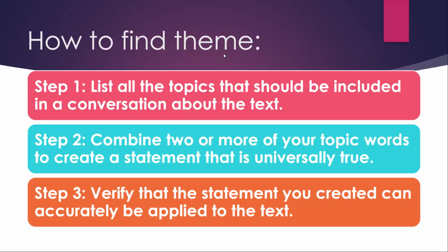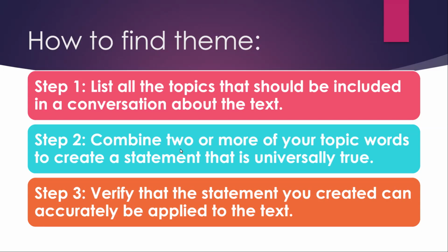So when I teach theme, even to my most advanced students, I teach them a recipe to find the theme. You just list all of the topics and ideas that you have to include in a conversation about that text in order to have a good conversation about it. List the topics and ideas, the main ideas of the text.